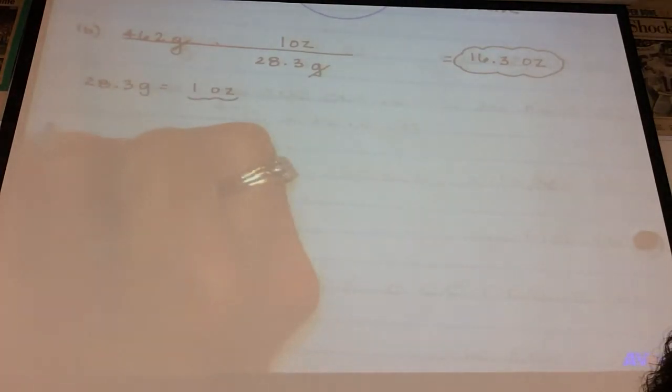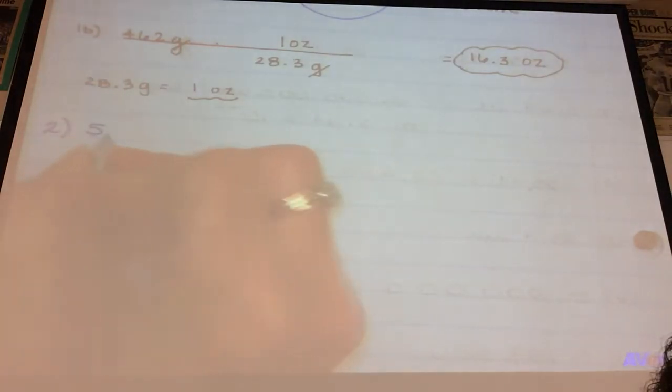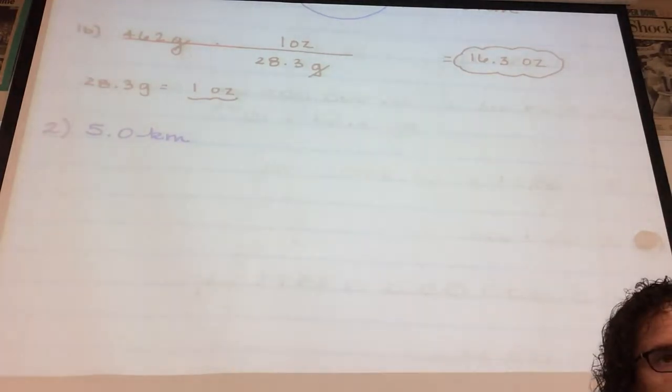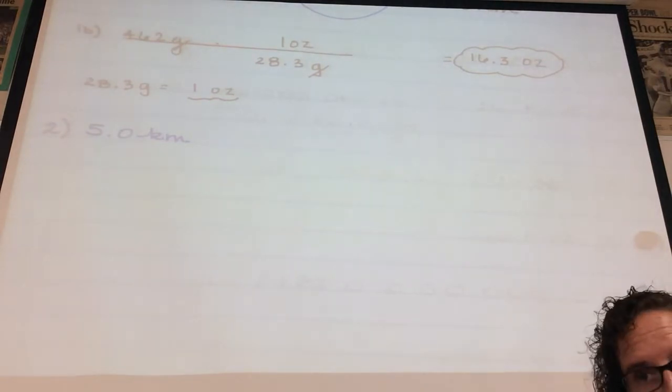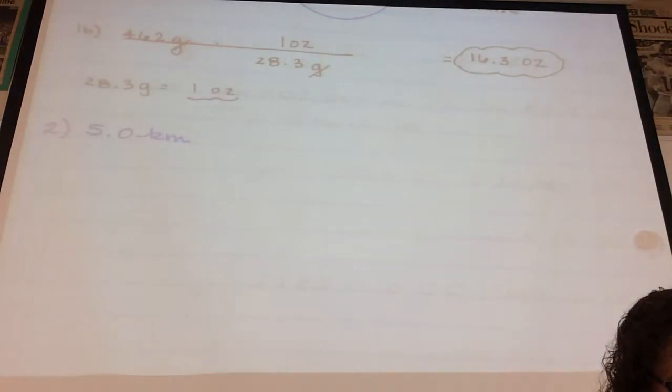On number 2, we have 5 kilometers. And for those of you who run track, cross country, etc., you may have run in a 5K race. That's a 5-kilometer race. Years ago when we used to do running in high school, we didn't do K races.